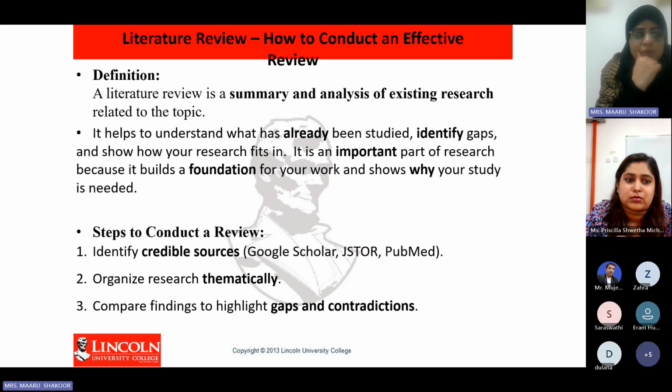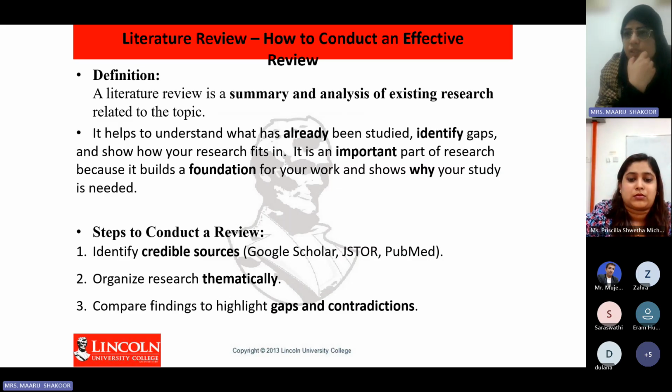Steps to conduct a review: identify credible sources. Yes, these are very, very important. Credible resources are trustworthy resources that you can trust for reading articles and all this. Google Scholar, yes, this is there.